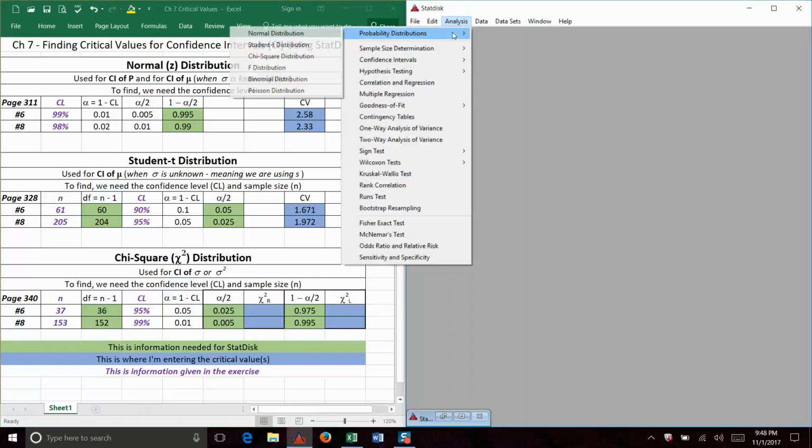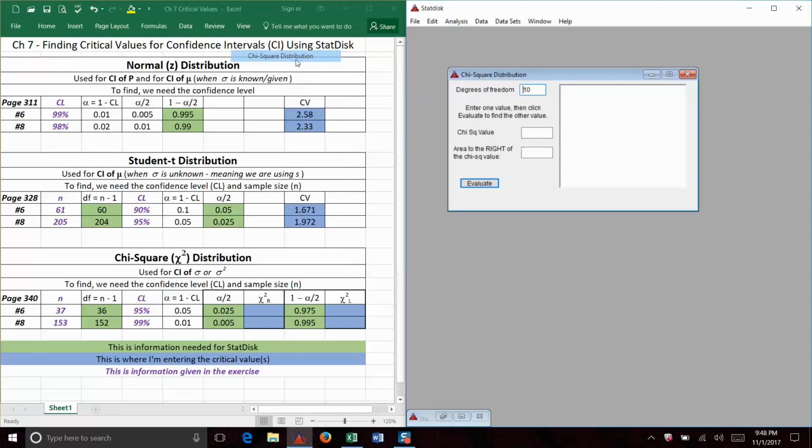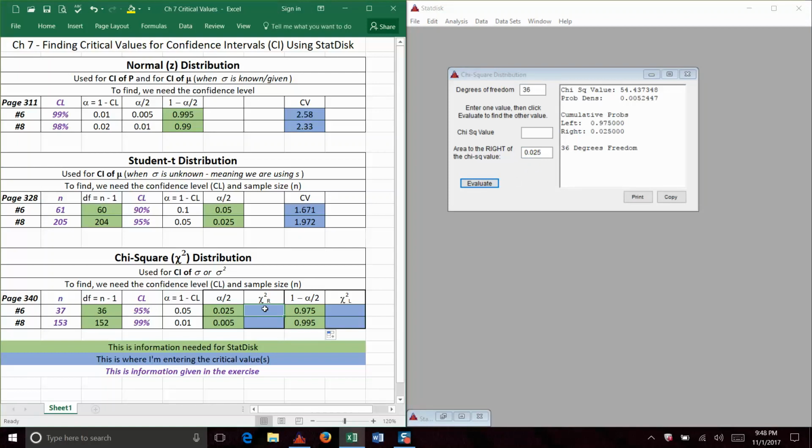So analysis, probability distribution, chi-squared. And for number 6, we've got 36 degrees of freedom. And for our right critical value, we're going to put in the 0.025. And those tables also go out 3 decimal places, so that's how I will round this.